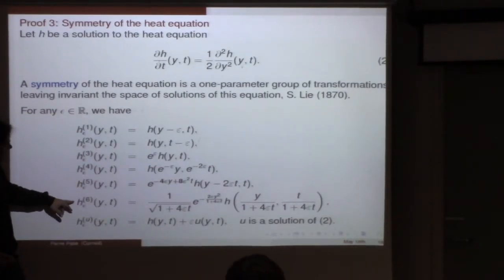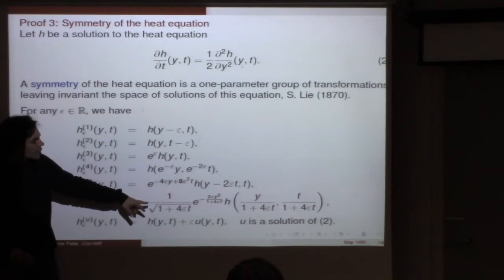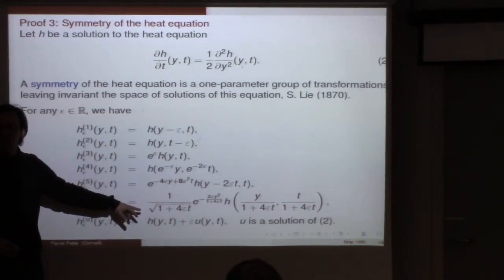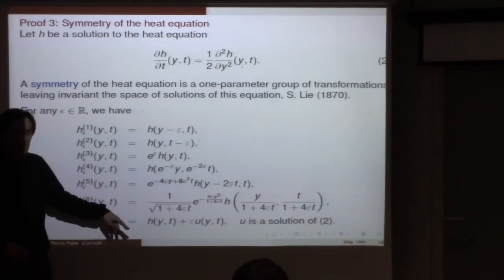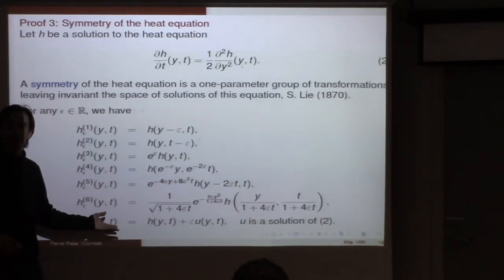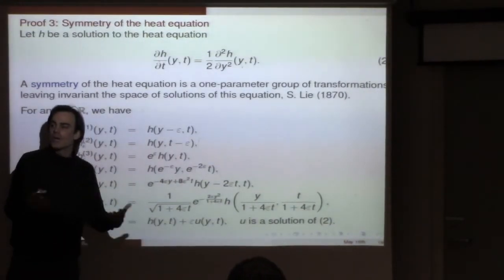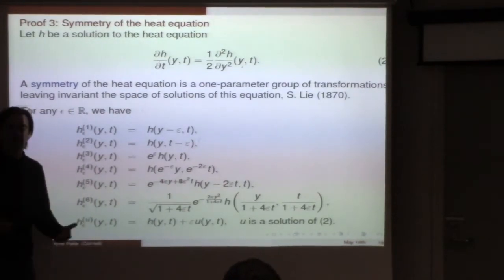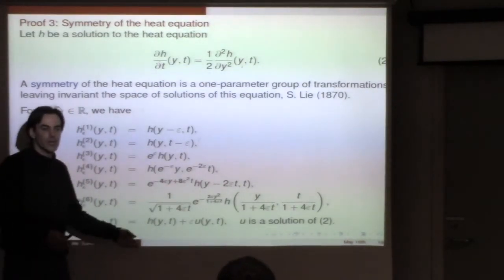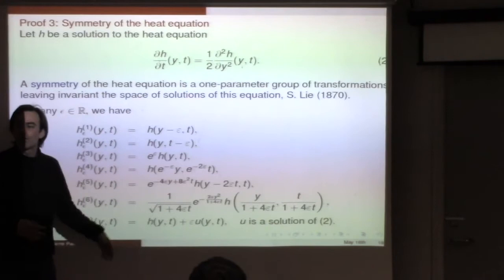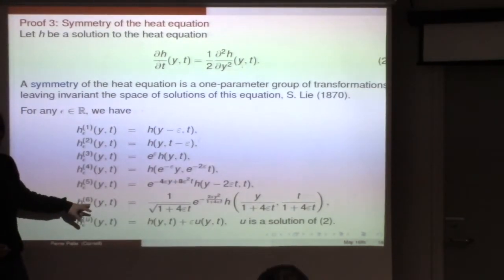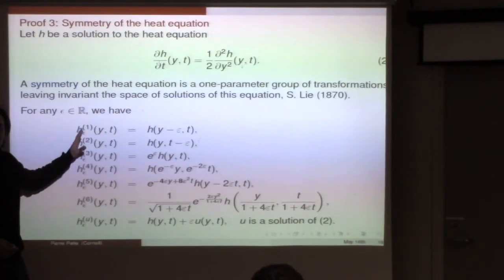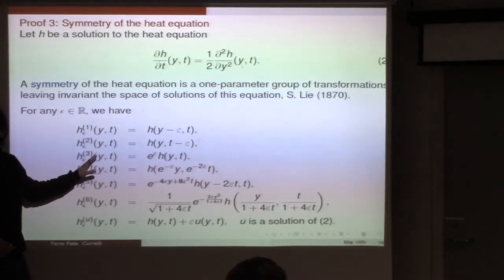This one simply relates the law of the Brown motion with its bridge. And the last one is simply the fact that we are dealing with a linear equation, so you can take two solutions and their sum will remain a solution. You can think about this as taking two independent Brown motions. So what is very nice is that we have a complete group of transformations here.